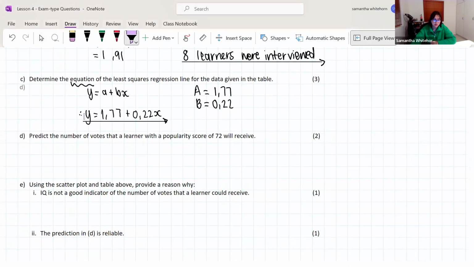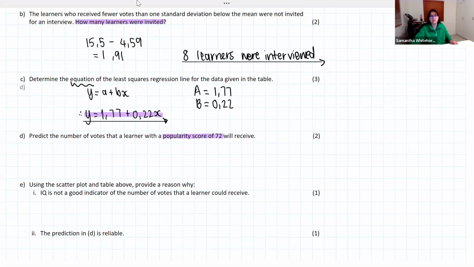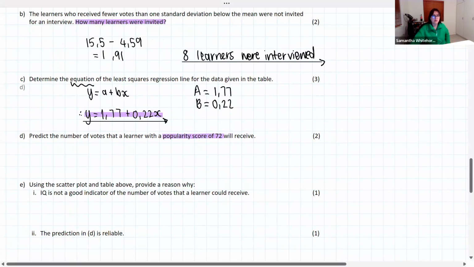Use the least squares regression line equation that we've just discovered to work out how many votes a student with a popularity of 72 will get. Right, so you're working that out for me. You can put your answers in the chat.